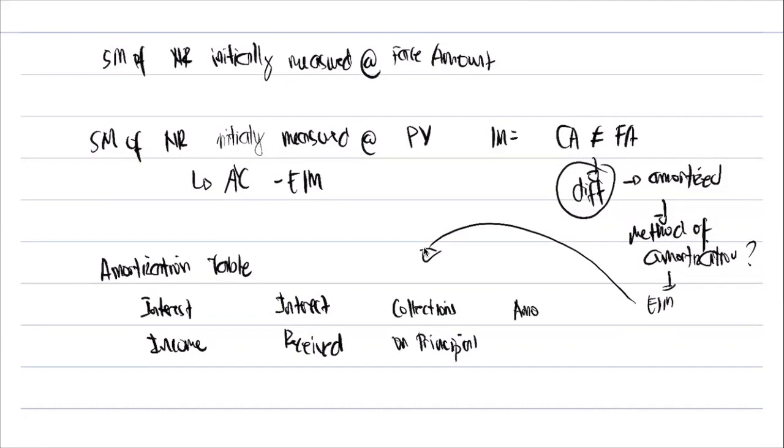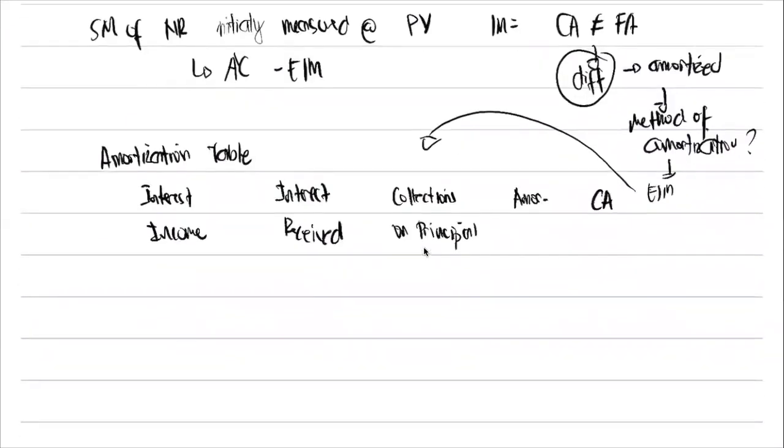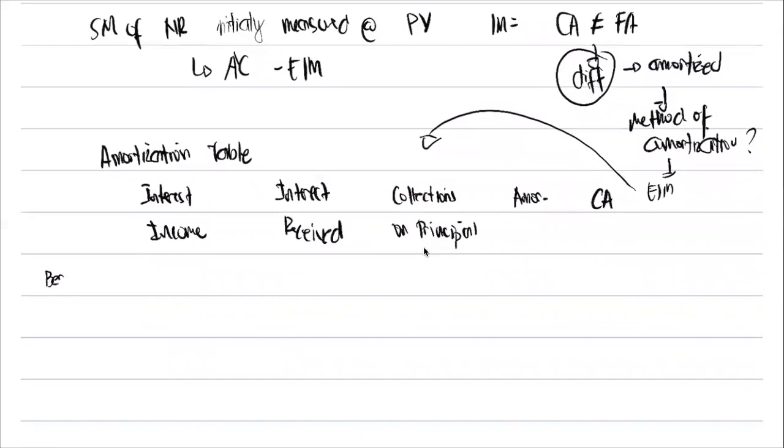We have your amortization, and then we have your carrying amount. So beginning, this is January 1, year 1. Let's say this is December 31, year 1. The carrying amount here, initially, is the initial measurement.